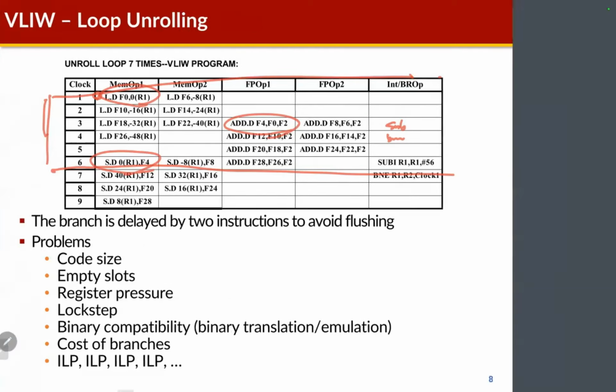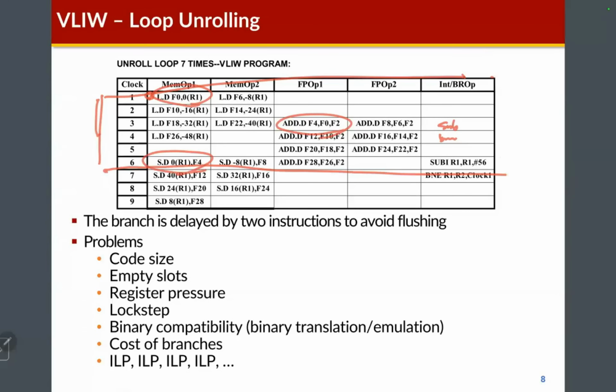There are 45 slots here, and we can execute how many instructions? 7 load, 7 store, 14, and then 21 and 23 instructions. So efficiency is improved, like so actually it was 36 over 6. So we can improve the efficiency of the VLIW with more aggressive compiler optimization. Okay? And what's the problem?